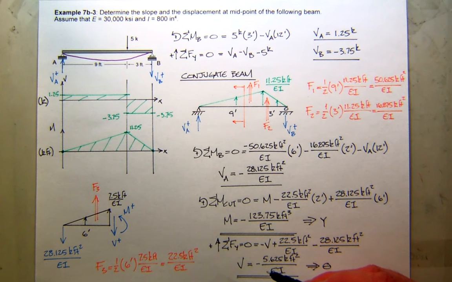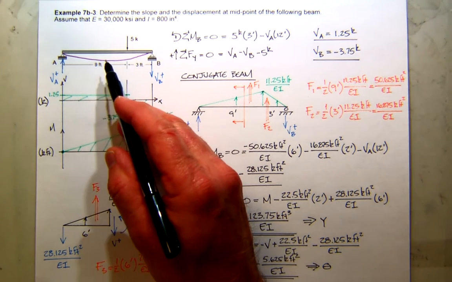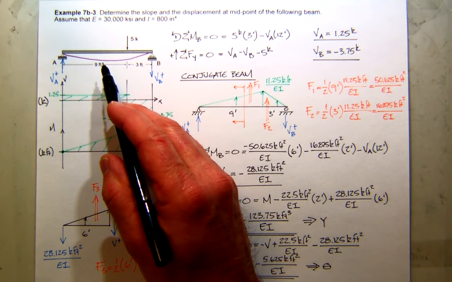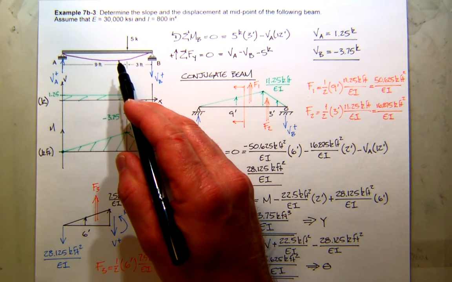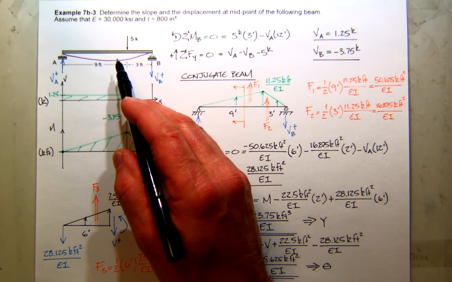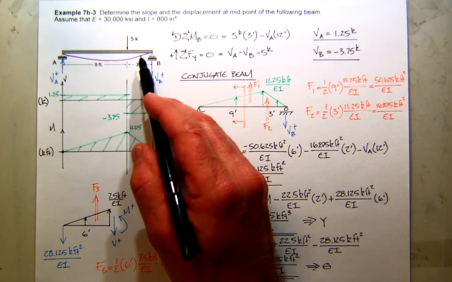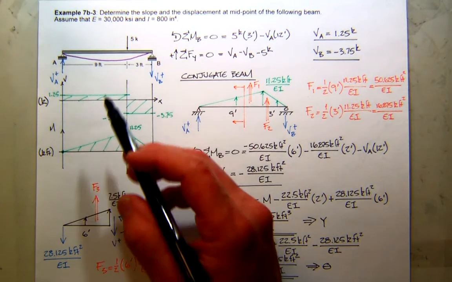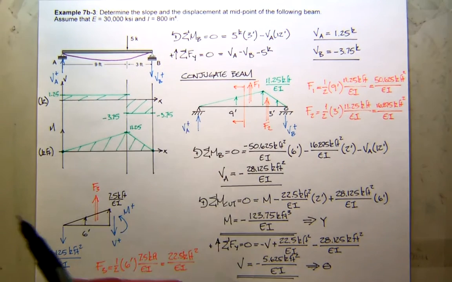And that kind of makes sense. That means that at the midpoint here, the beam is still slightly pointing down. So at some point, the slope will go to 0, and that'll be the maximum value, and then it'll start going up and become positive. We haven't reached that point. So it's telling you that the displacement at the midpoint is still just a little bit to the left of the actual maximum displacement.